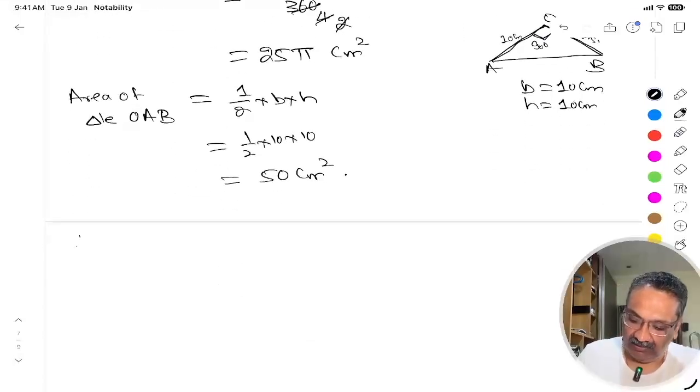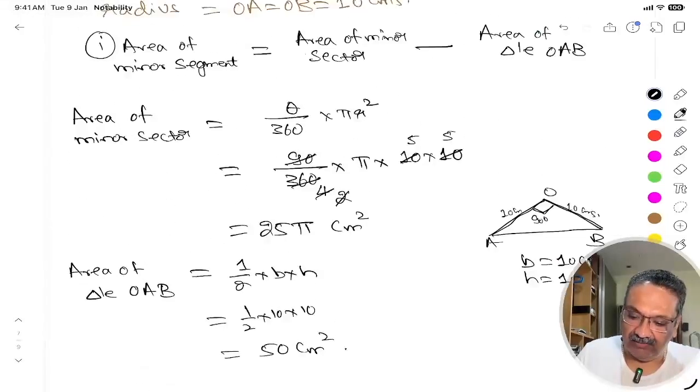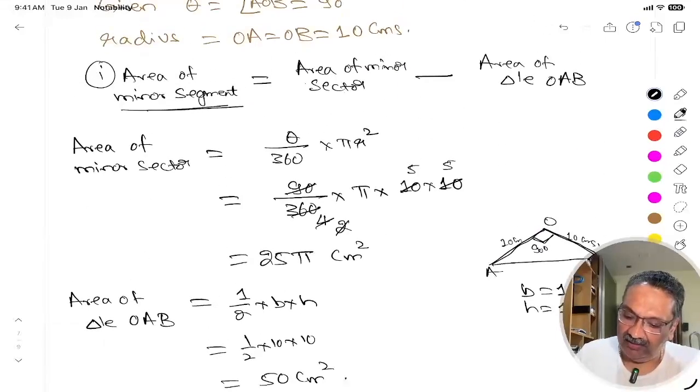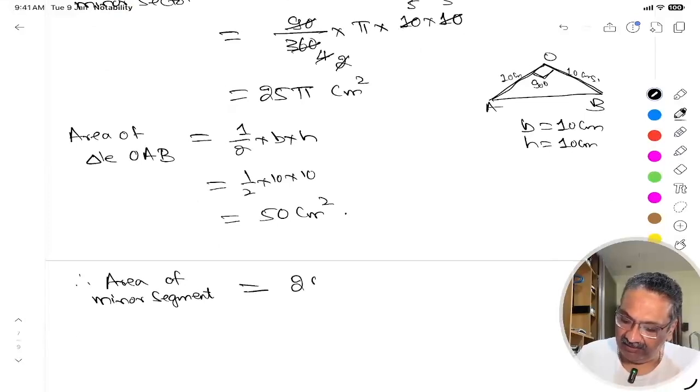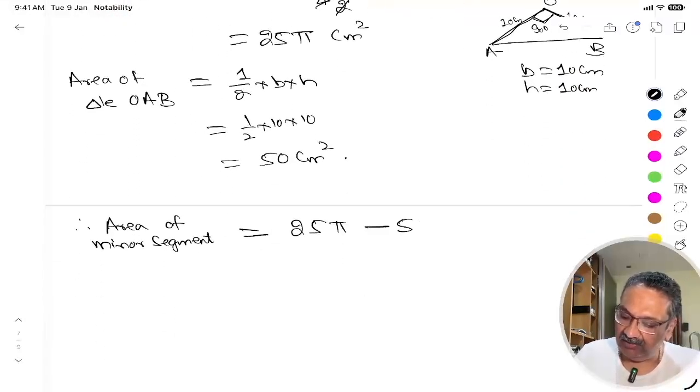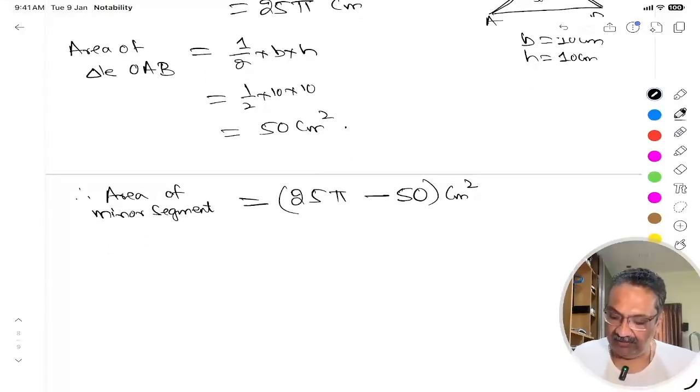So therefore I have area of minor segment. Here above we have written the formula: area of minor segment is equal to area of minor sector minus area of triangle. Area of minor sector is 25 pi minus area of triangle, which is 50 centimeter square. Now we will solve this. I can take 25 as common.